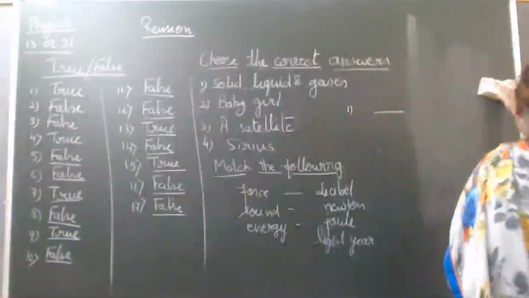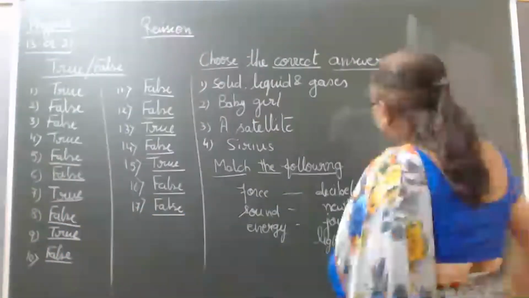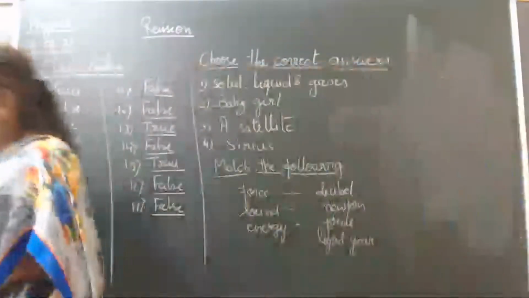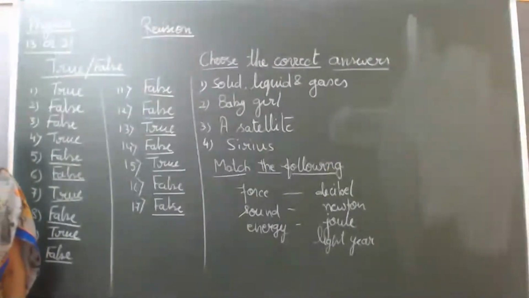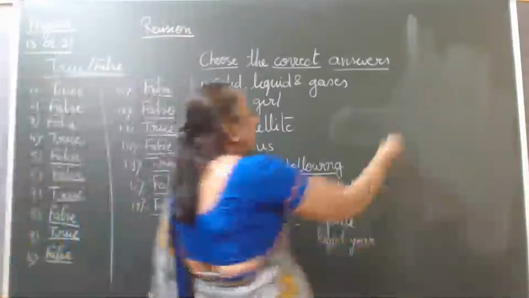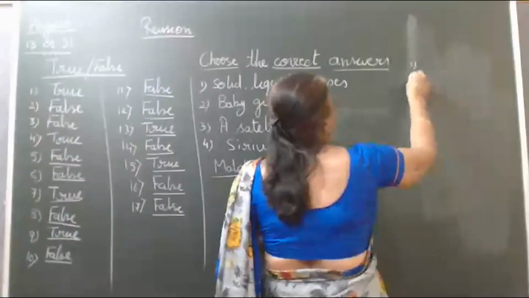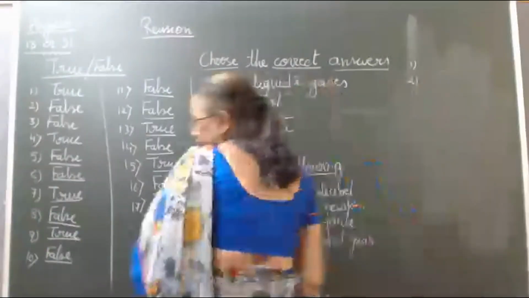I will frame from the text. In first and second tests, FA1 and FA2, I framed fill in the blanks from the lesson, like force acting on a unit area is known as pressure.